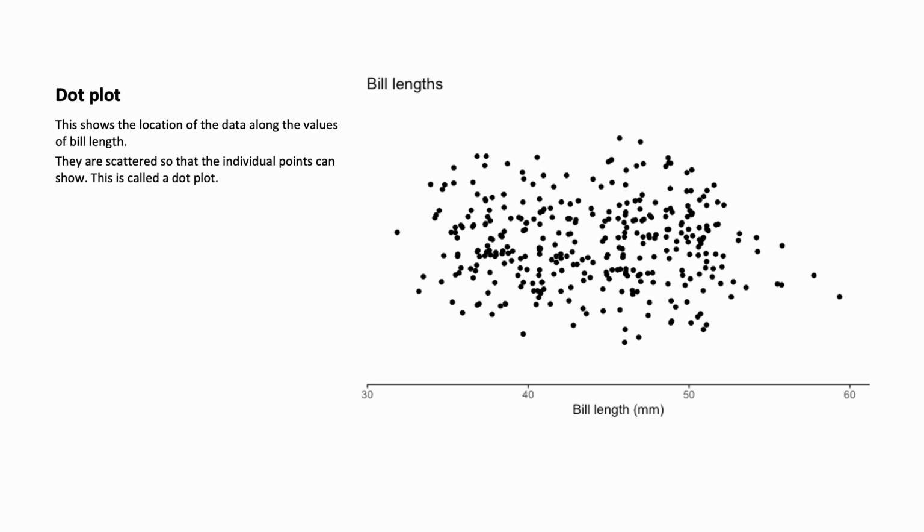This dot plot is a way to display the data, showing most of the data points, despite the fact that many of them are extremely close to each other, and there are many duplicate values. What's interesting is that it's just got data across one axis, the horizontal or x-axis, which shows bill length.